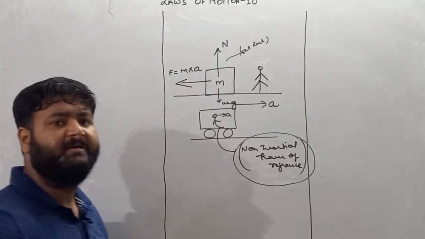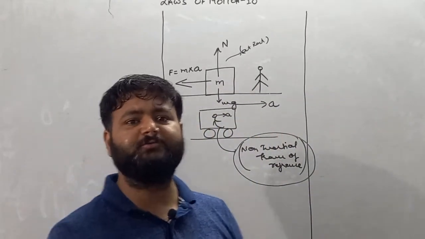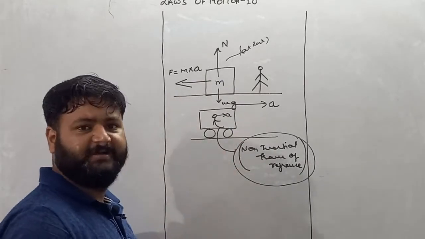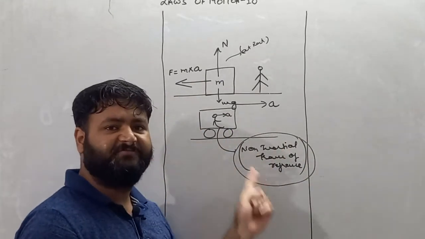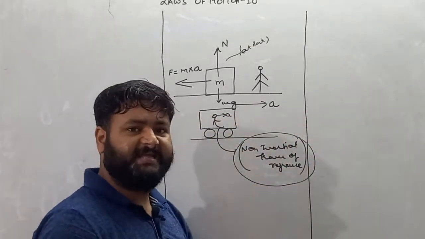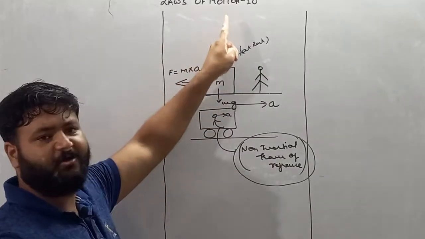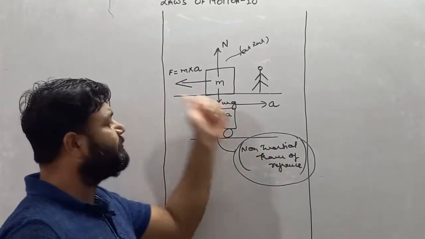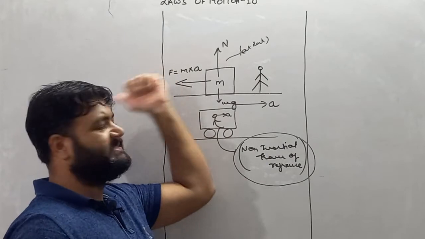If you remember the last class, fine; if not, then go through the last class first, then conclude this thing, my dear student. Because if the observer is in a non-inertial frame of reference, meaning the observer is accelerating, then the free body diagram is not only with mg or normal. We have to apply one more force opposite to the direction of acceleration of the observer, and that force is on the backward side.